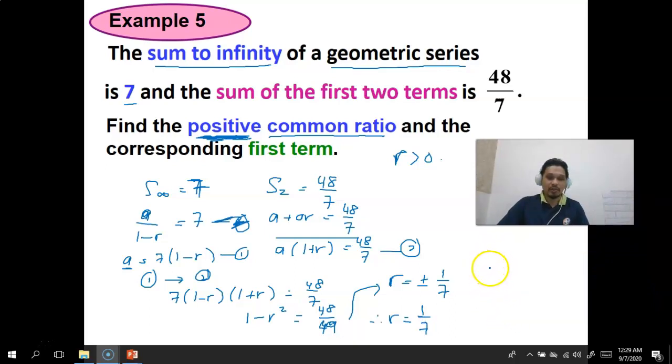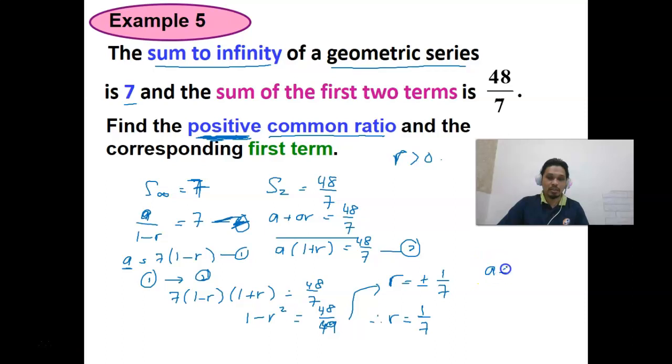So then the value of A equal to 7 times 1 minus 1 over 7, equal to 6. Okay, next.